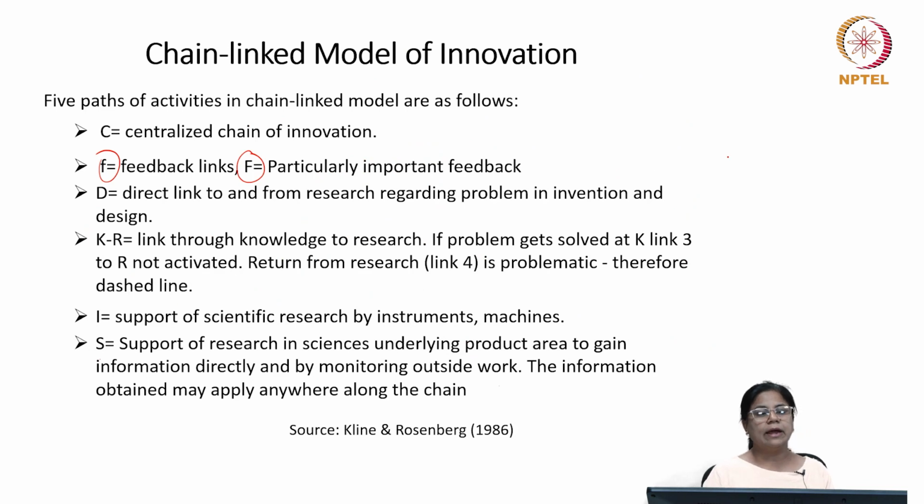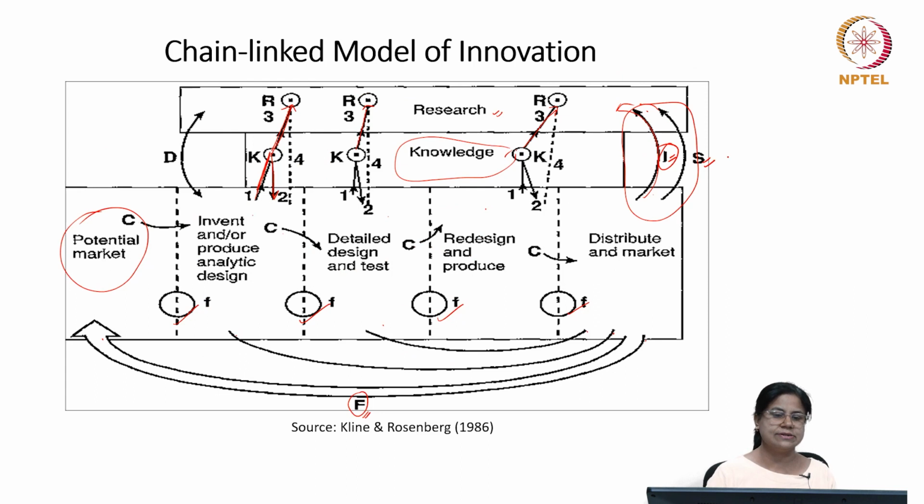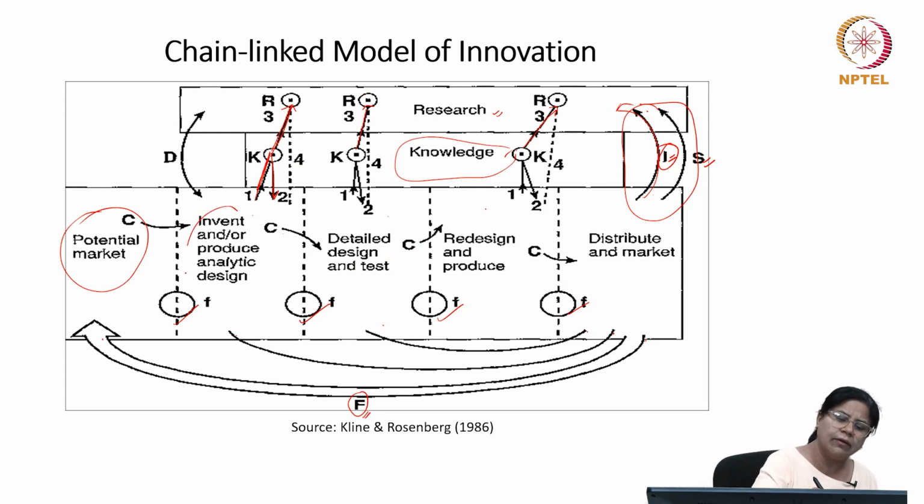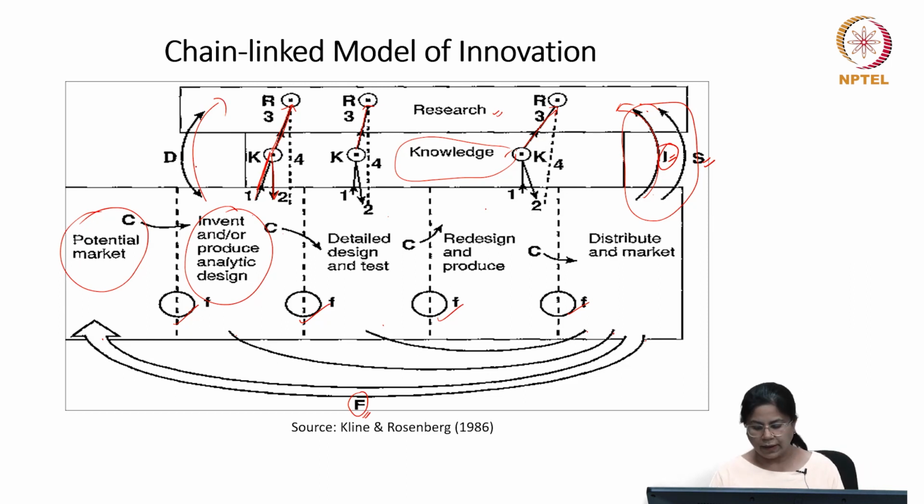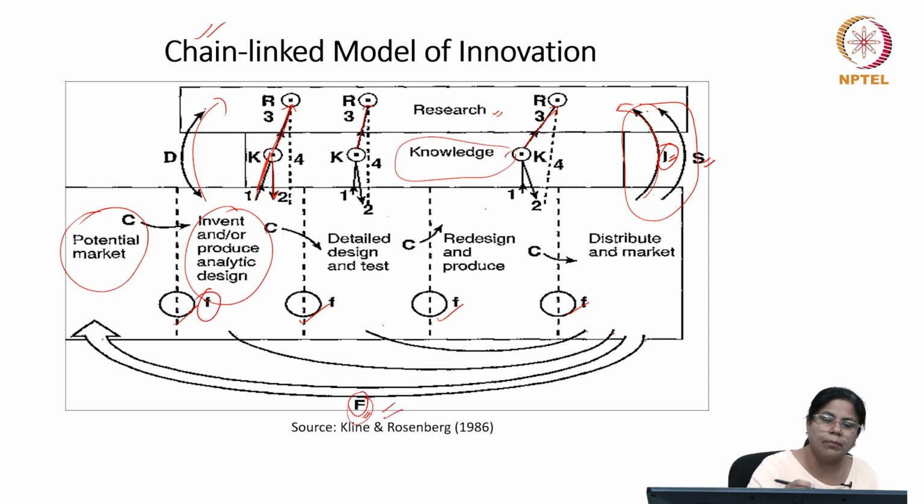So what is D? It is a direct link to and from research regarding the problems in invention and design. So if at any invention level or at a design level you find that certain problems come up, it need not go into the existing knowledge base. It can also feed back and go back to the research itself. This D also talks about the radical innovation that we have seen in recent times, whereby advancements in science translate into new kinds of products.